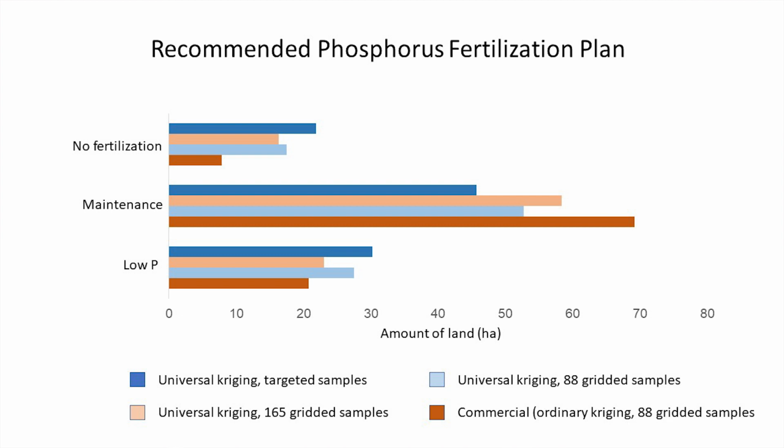All right, so what does this mean for fertilizer? So these are data basically indicating, if we look across the field, which pixels or which areas have low phosphorus and would need more fertilizer, versus are at a good level and we can just maintain, or areas where it's high and we don't need to fertilize.